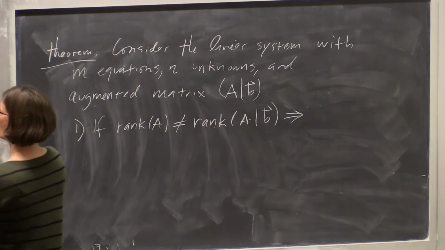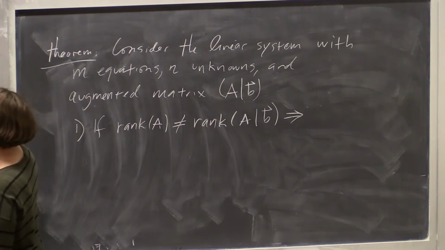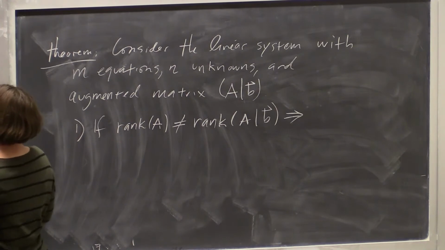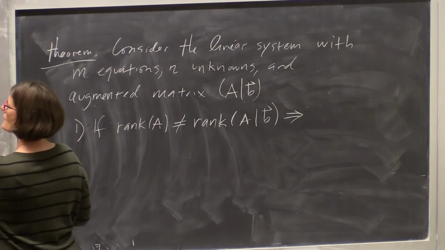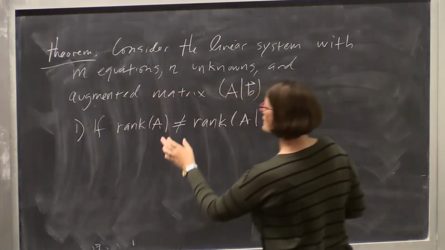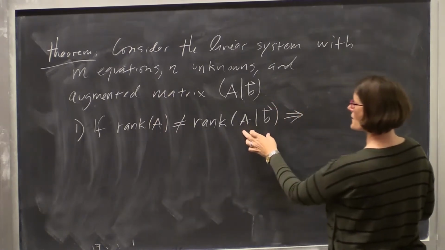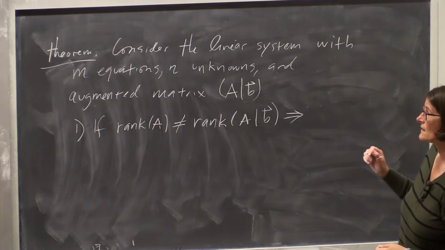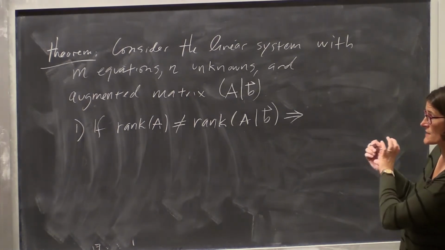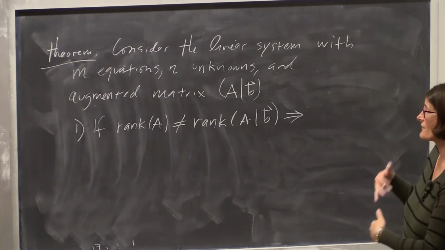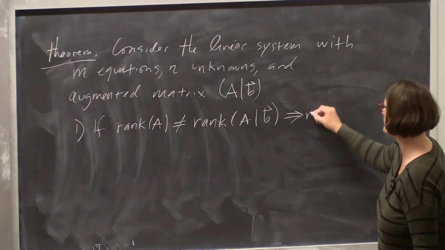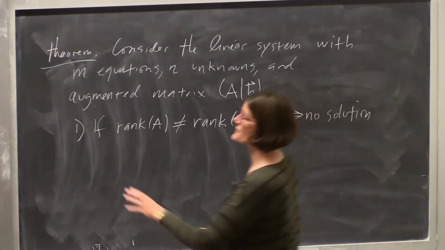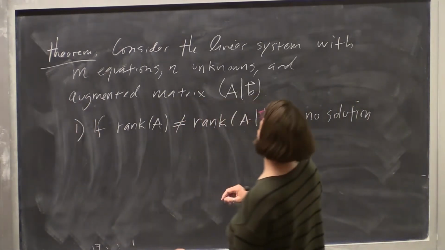There would have to be a 1 here, and then of course, if it's in reduced row echelon form, that would have to be zeros. So if the rank of the coefficient matrix does not equal the rank of the augmented matrix, for sure you have a 1 in the rightmost column which has a whole bunch of zeros to its left. It means you have an equation which is 0 equals 1. You have no solution. You understand this at the level of specific examples.